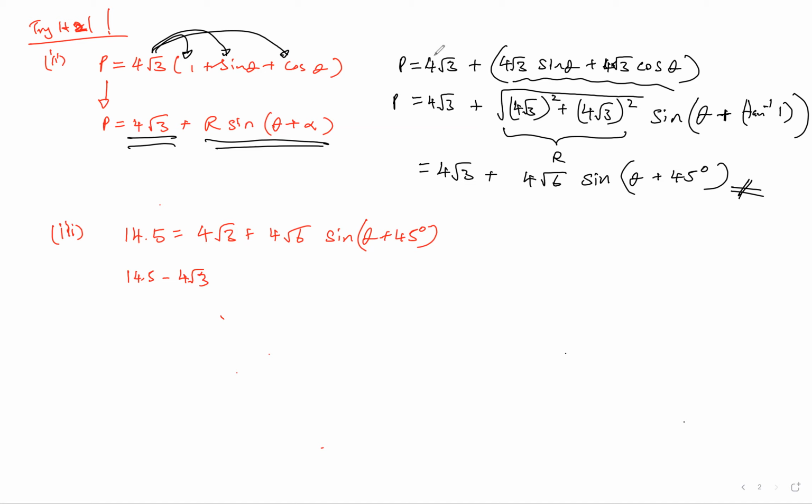Then divided by 4 square root 6, because I need to push this over to the other side. So that will give me sine theta plus 45.